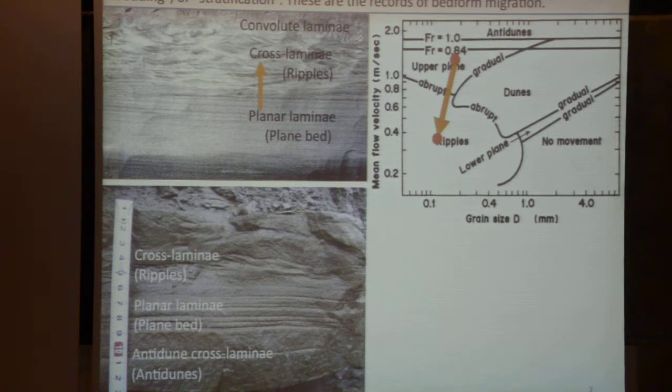For the lower left-hand side, we can see climbing cross lamini in the lowermost part, and planar lamini above, and the cross lamini in the uppermost part of the sandstone. So we can interpret this as deposition from a decelerating gravity current.